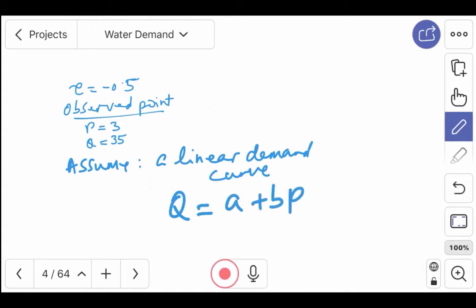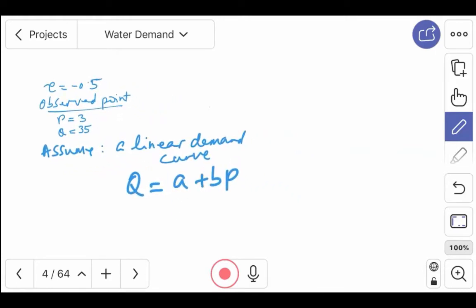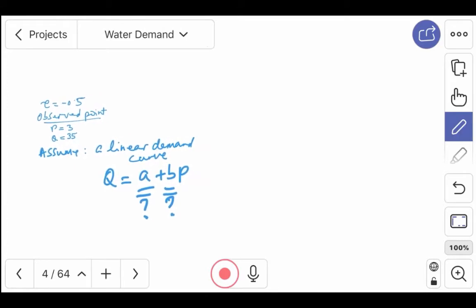And I want to figure out this linear demand curve. Figuring out this curve means knowing what A is, what B is. That's all you are after. There's only 2 parameters in a linear demand curve, or a linear equation in general. Okay, so how do we go about this? Well, now, if we have a function like this, what's the elasticity?